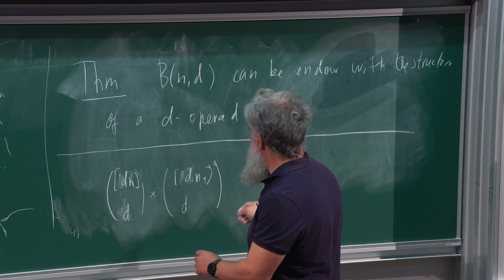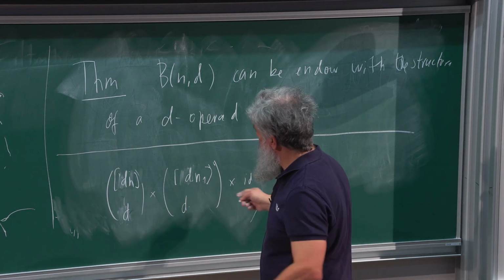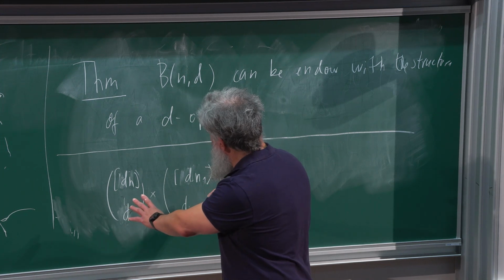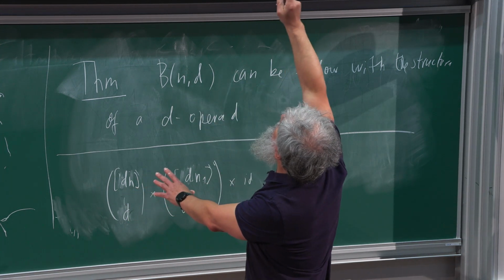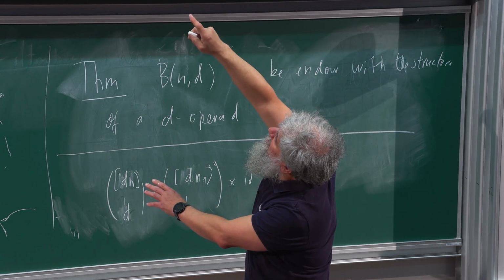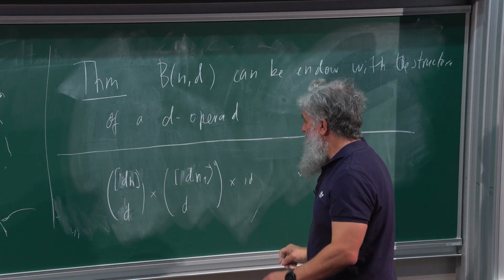So consider the composition, where in this product you have O of dm1 and all the others are O of d, identical.